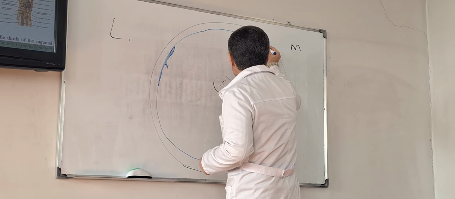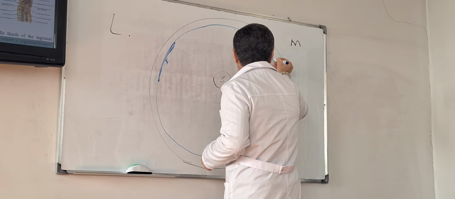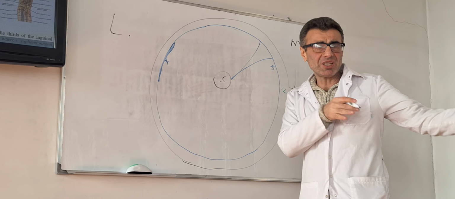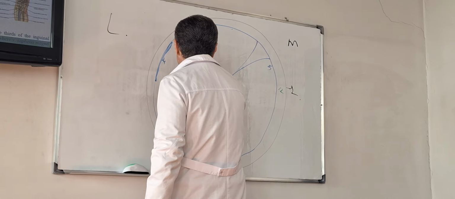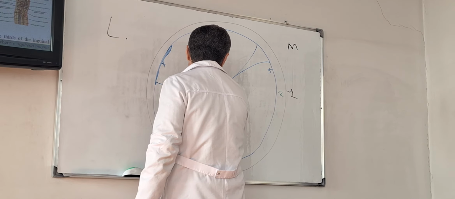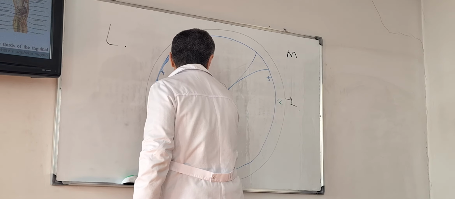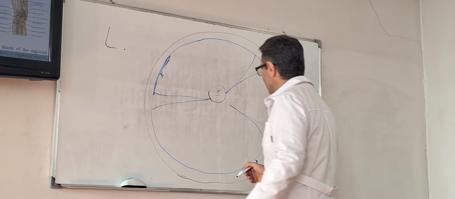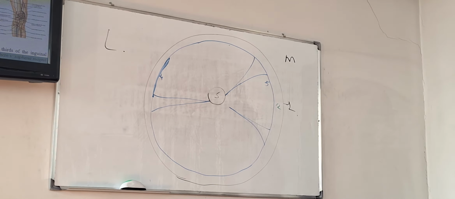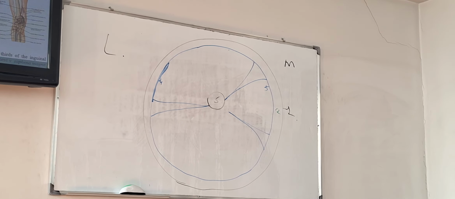One in the medial side, up to the medial lip of the linea aspera. Second, in the lateral side. And the last one in the back, but you see that it doesn't join the bone. It finishes inside of the muscles.